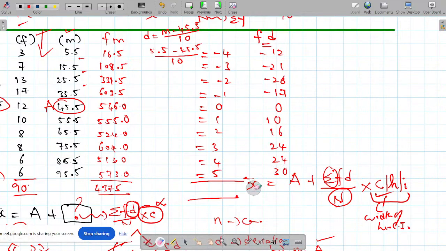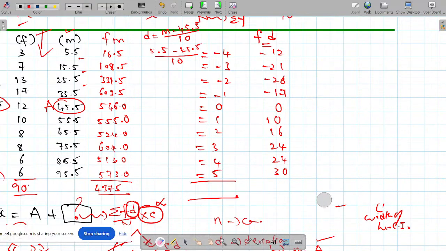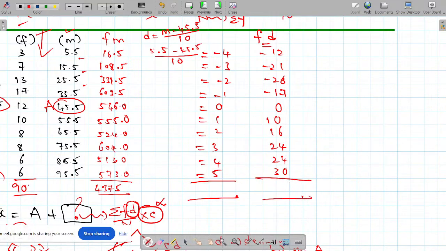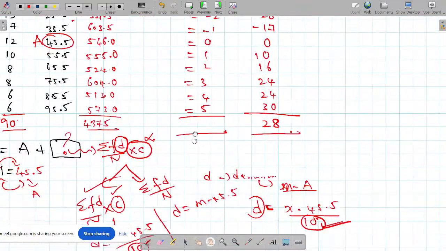What's the value? Summation FD. Check whether you're getting 28. So let me apply the formula.